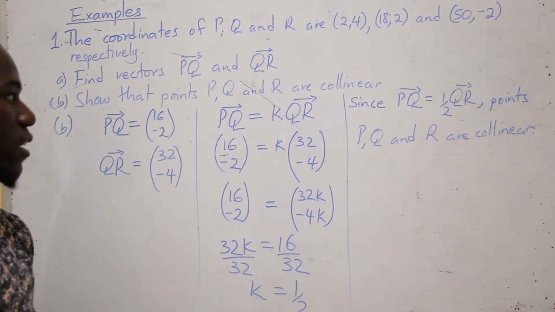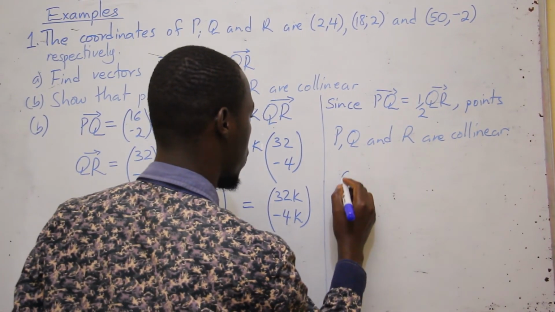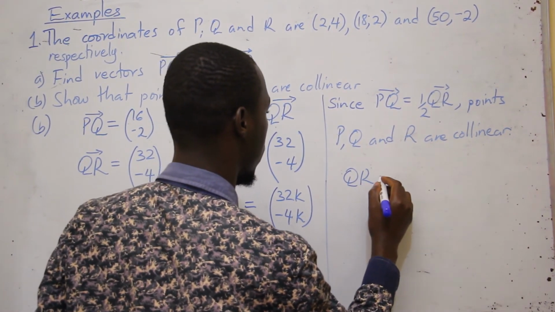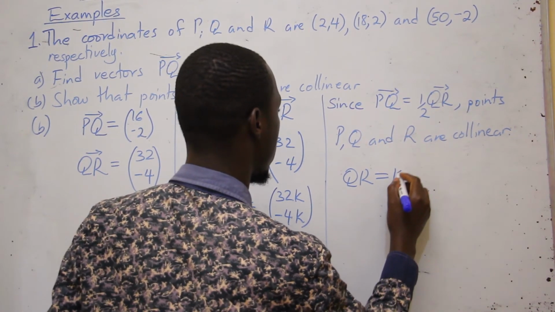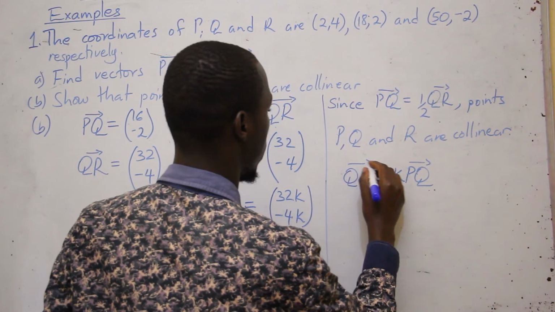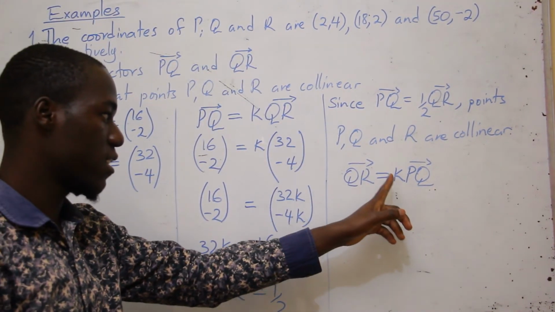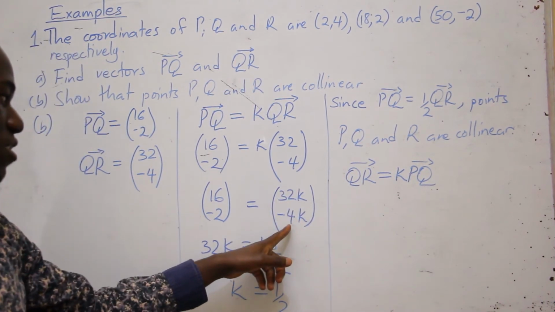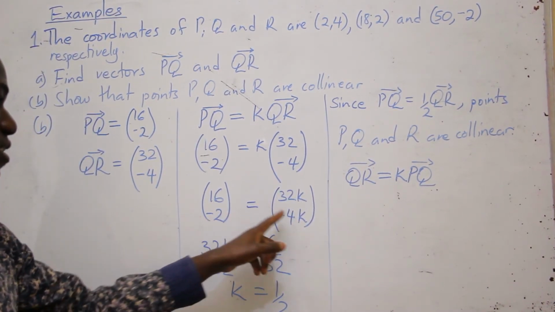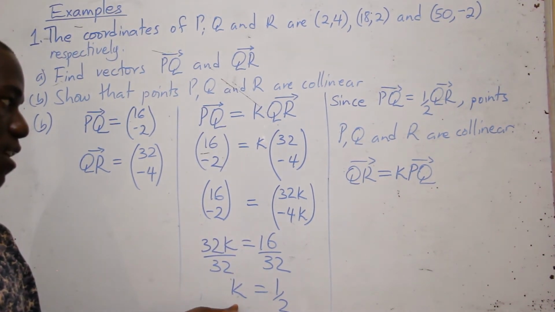Now, someone can say that they want to use QR is equal to k PQ. There's no problem, as long as you get that constant. You see, when I reached here, even if I use the other one, the y values, I will still get my k as a half.